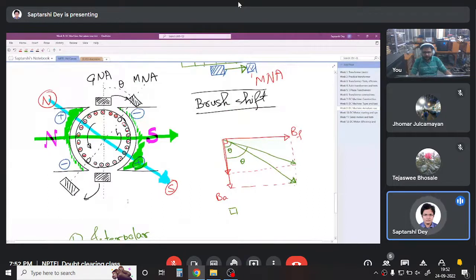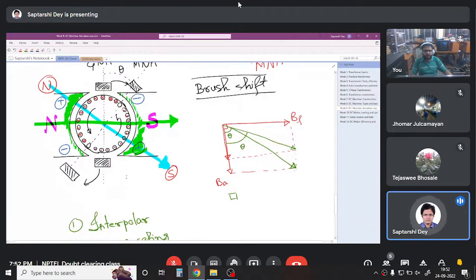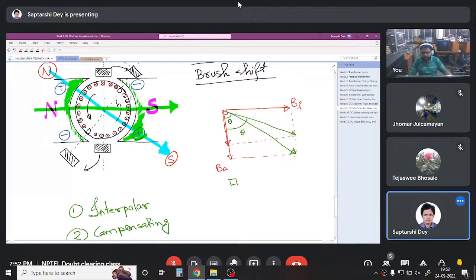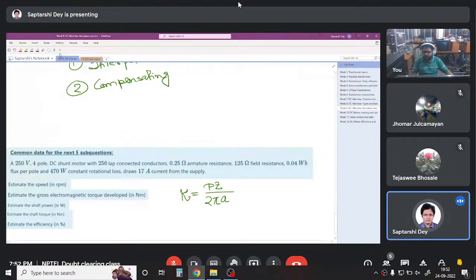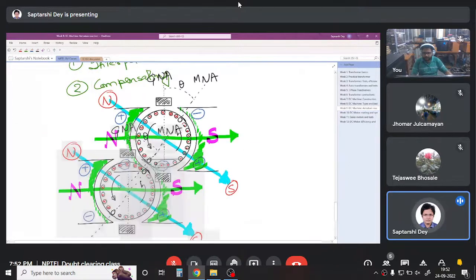So what is interpolar winding? We will see. As you can understand, interpolar winding will be present somewhere between the poles. That is why they are interpolar, right? So how would that work? We will copy paste that diagram once again and try to understand how interpolar winding would work.